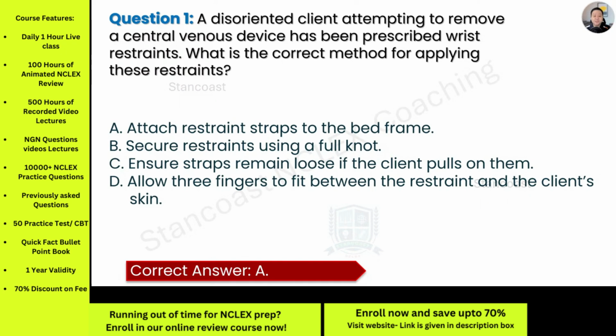The same thing with letter C. Restraint straps must stay secure and taut to prevent the client from loosening or removing them. And letter D is also incorrect because the appropriate fit is 1 to 2 fingers between the skin and the restraint to prevent circulation issues while maintaining restraint efficacy.